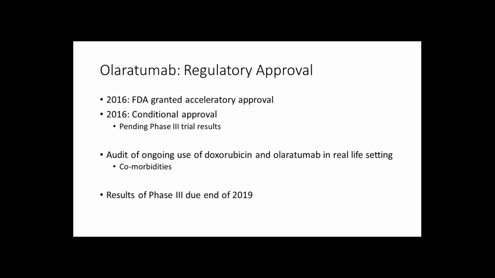We've got an ongoing audit at the Royal Marsden right now that we've not presented yet, but again, it gives us an insight into the real world use of this drug. And as I mentioned, the results of the phase 3 trial are due to be available at the end of 2019.